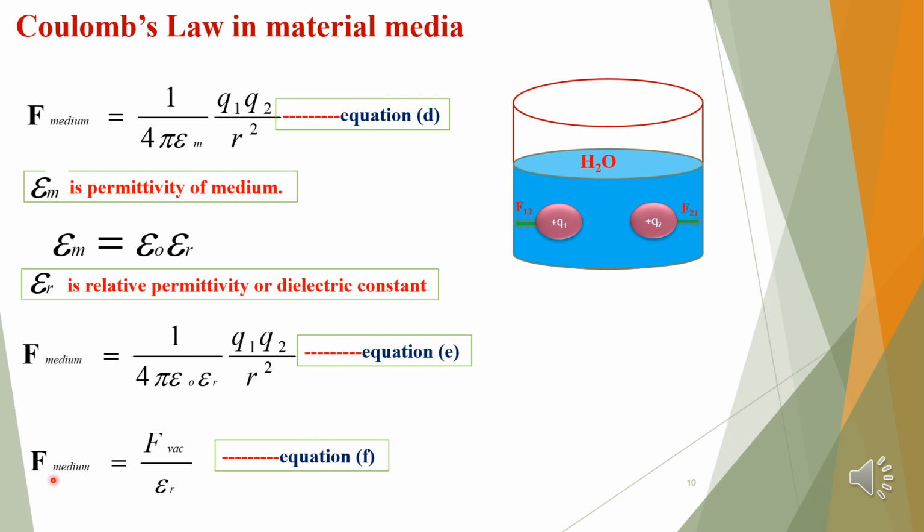Let's say it is equation number F. This equation shows that the force of interaction between charges in any medium is less than the force of interaction between charges in vacuum for the same system. It is due to the relative permittivity of the medium. This factor reduces the force of interaction between the charges because it is divided by epsilon r.